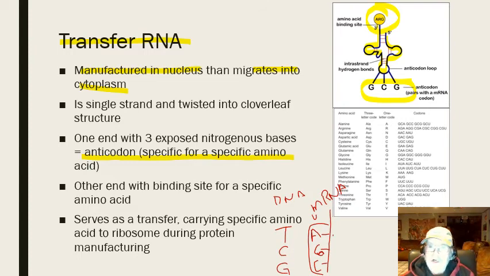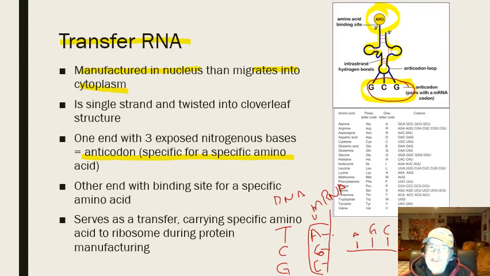That messenger RNA then goes to the rRNA and lays down on the bench. Here's my adenine, here's my guanine, here's my cytosine sticking up. Now my transfer RNA, on the bottom of it, has what's called the anticodon.